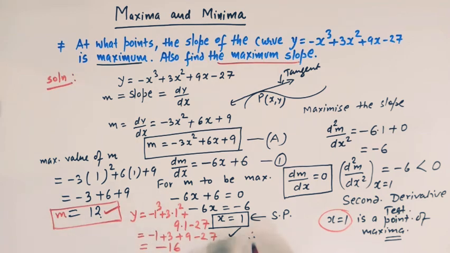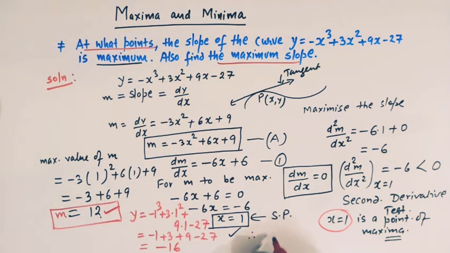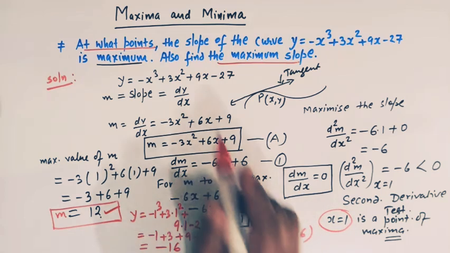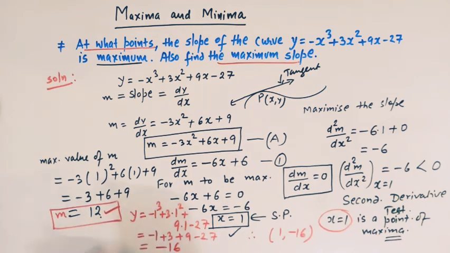So therefore the required point is (1, -16), and at this point the value of the slope of the tangent to this curve is maximum, and the maximum value of the slope is equal to 12.